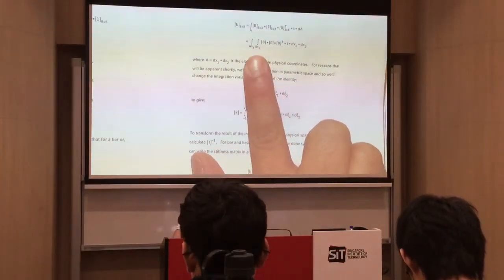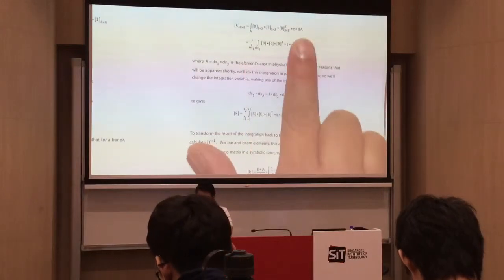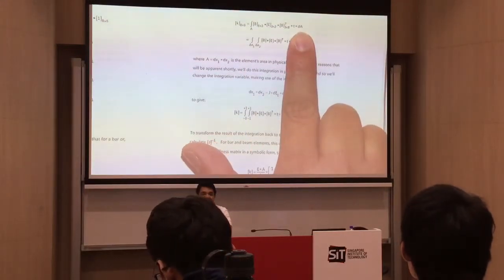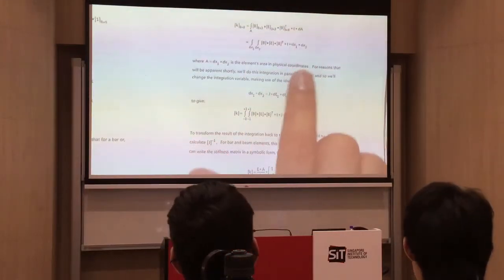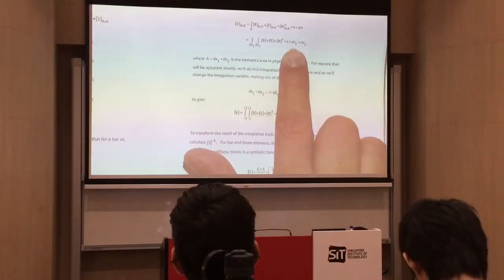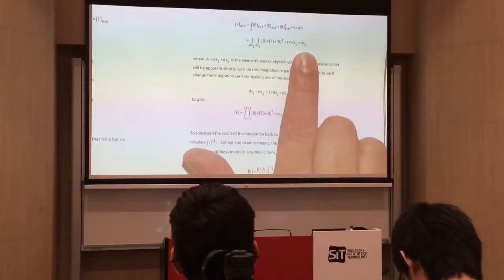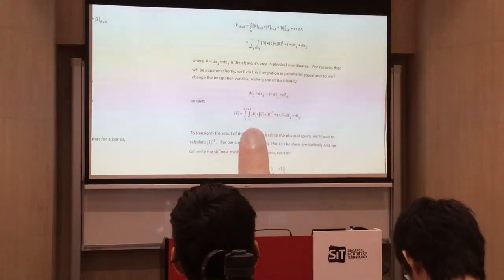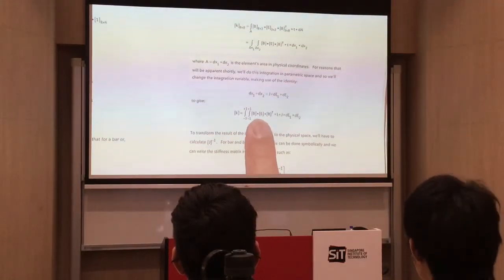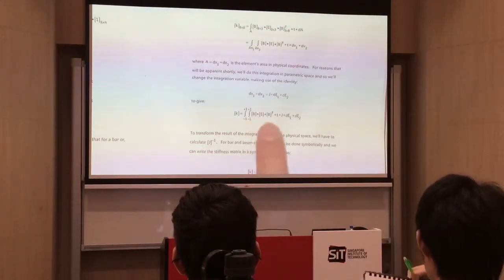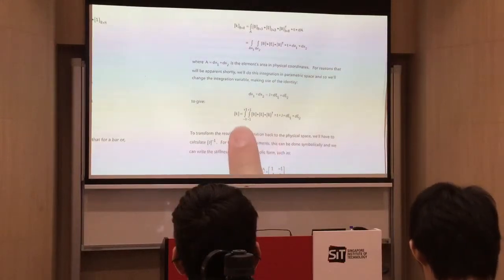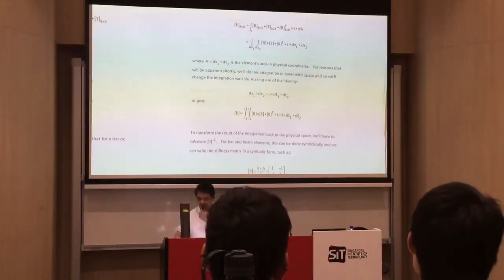As you can see, because it's a plate, it's not dx, it's dA. So now you're going to integrate with respect to x1 and x2. And because you cannot determine the symbolic values, you have to integrate numerically.